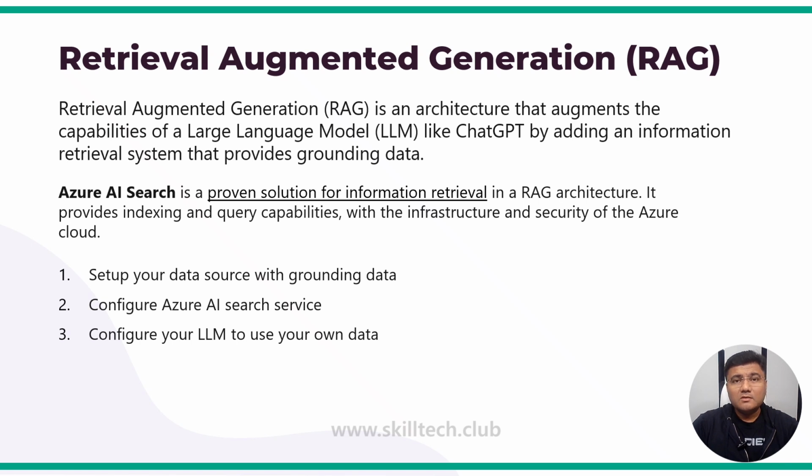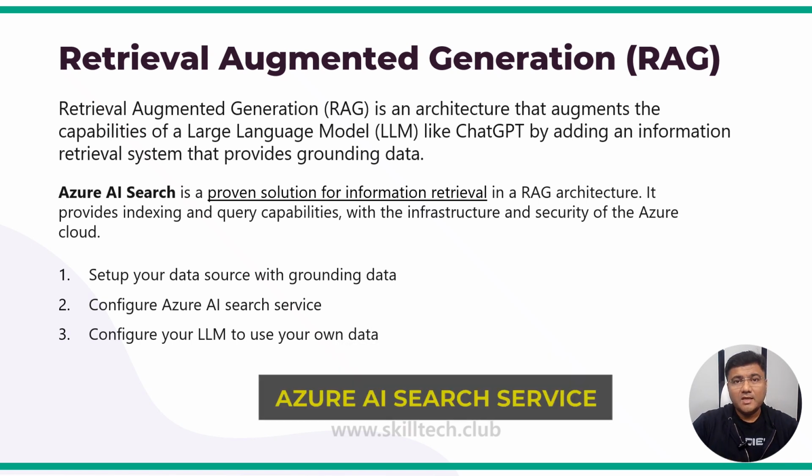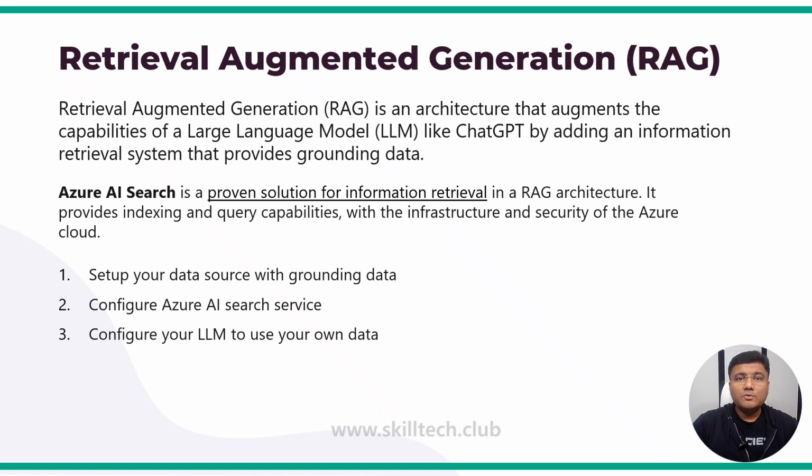But with all this, we are going to use one service, which is Azure AI Search service. Yes, this is one of the services which is going to help you take deep insights and process that grounding data as a proper indexer so that you can search that data. Azure AI Search Service is a proven solution for information retrieval in RAG architecture. It provides indexing and query capabilities with the infrastructure and security of your Azure cloud.